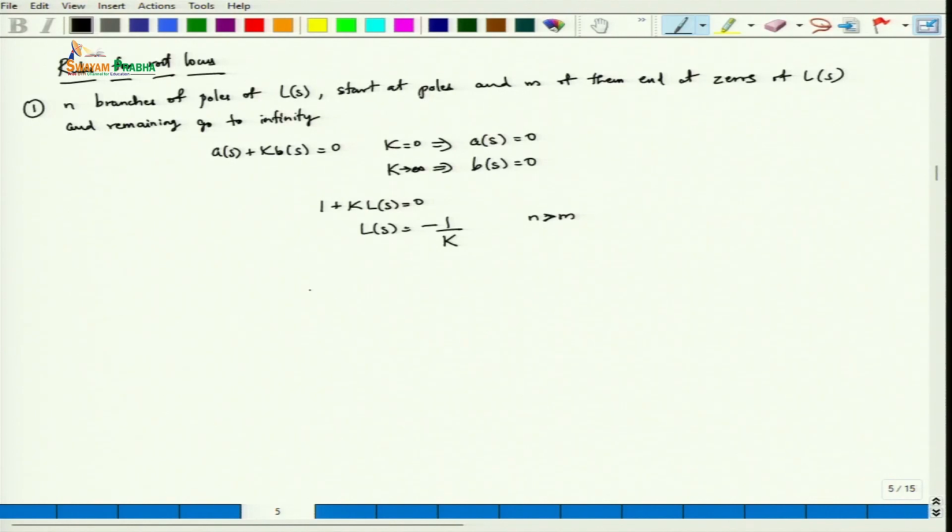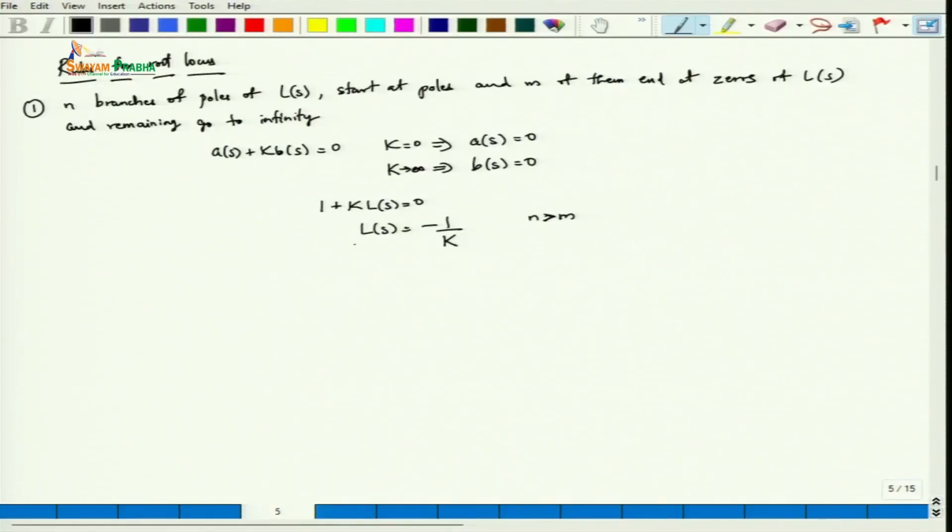in which case, since the order of the denominator is greater, that is the power of S is greater, if S tends to infinity, then L of S will follow this particular equation, and similarly the left hand side will be equal to 0 and the right hand side will be also equal to 0.